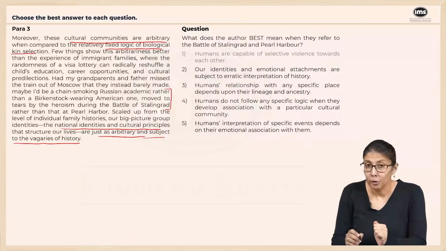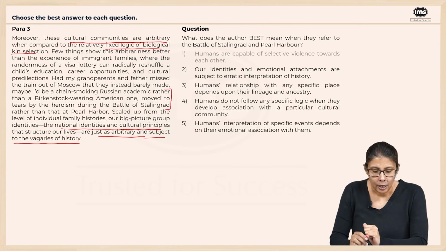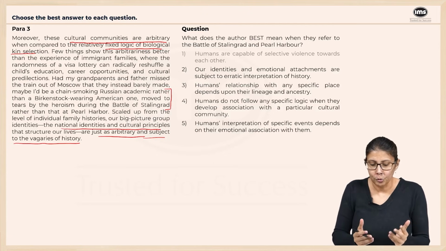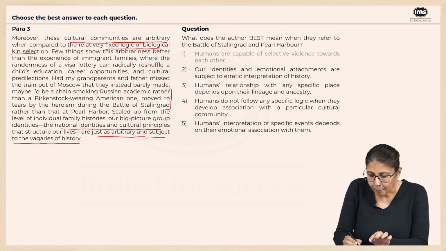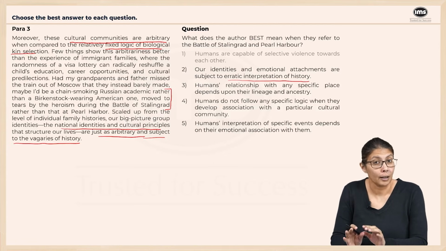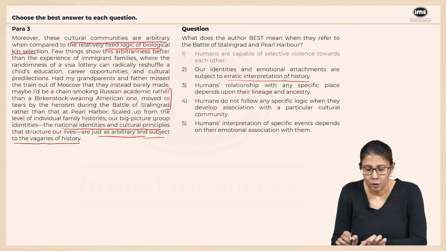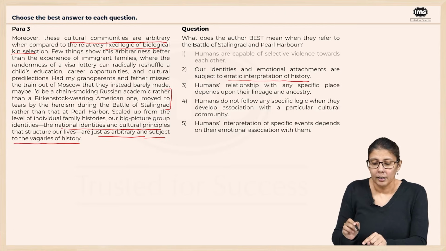Now option 2 looks pretty attractive. Our identities and emotional attachments are subject to erratic interpretation of history. Now as far as I can see, we have used the word arbitrary, so that might support the erratic interpretation of history. But if you read this option very carefully, you would realize that we are not talking about historical interpretation.